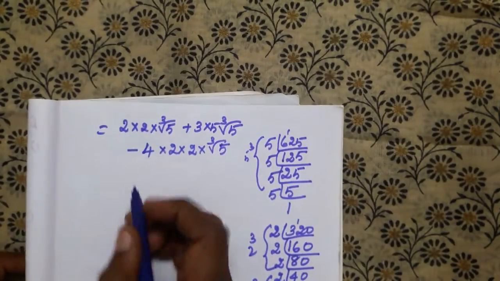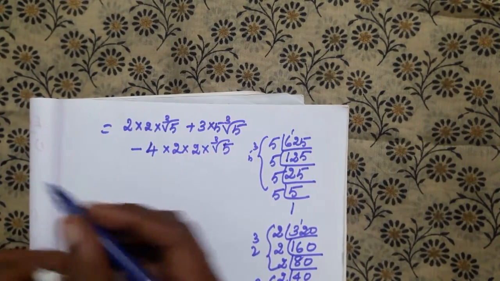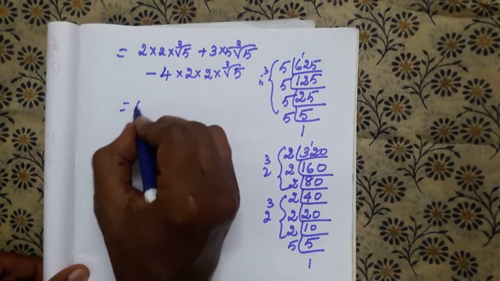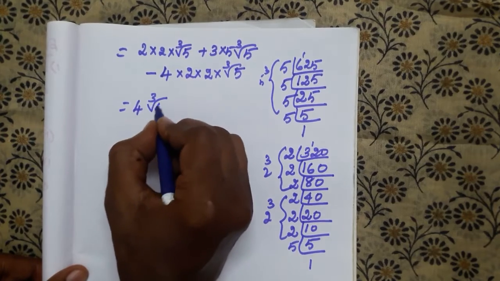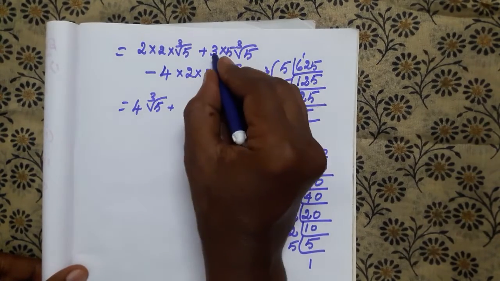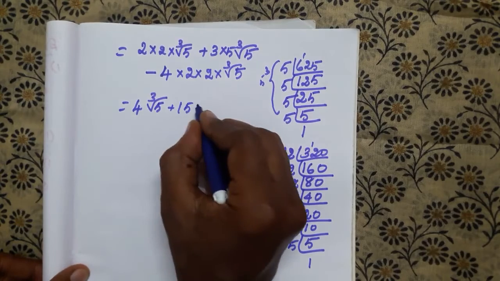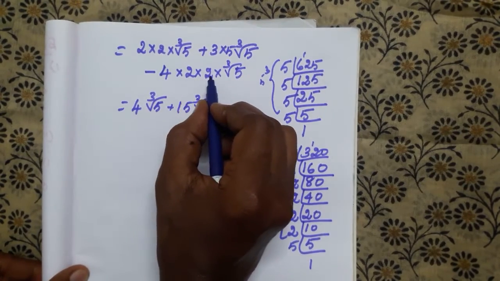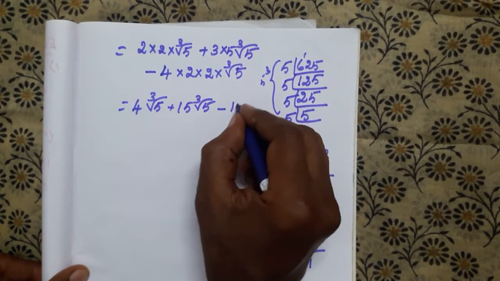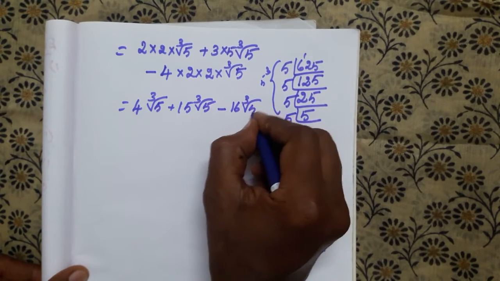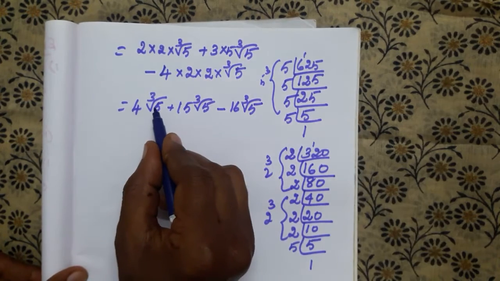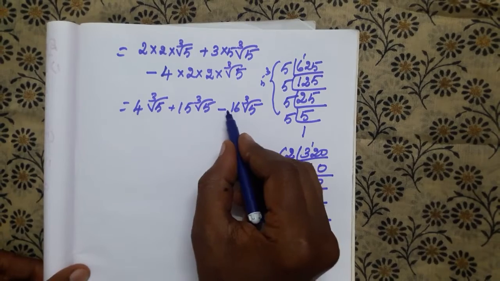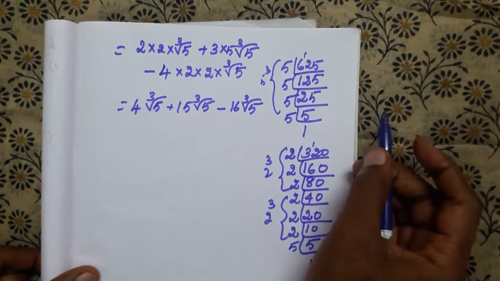Now here you see that 2 2s are 4, so 4 into cube root of 5. Next 5 3s are 15, 15 into cube root of 5. Next 4 2s are 8, 8 2s are 16, minus 16 cube root of 5. So 4 cube root of 5 plus 15 cube root of 5 minus 16 cube root of 5.